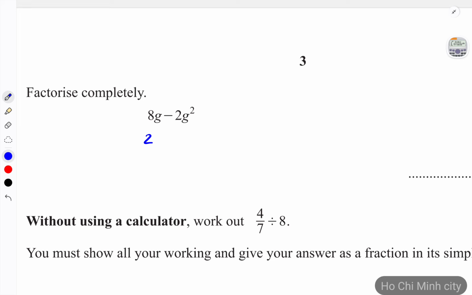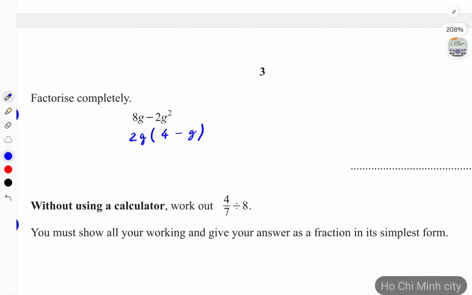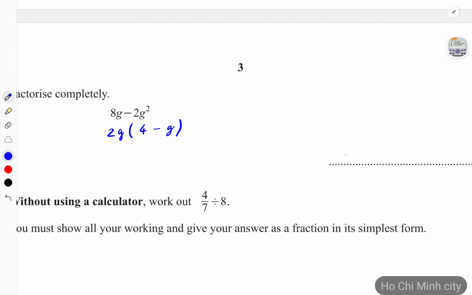And then put the common variable, that is letter g, with the lowest power. So in the bracket we have 4 and then minus g. All right, so we have already factorized this expression completely. So just write out the answer here.